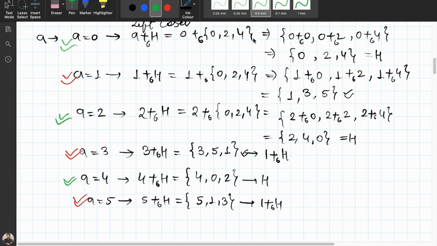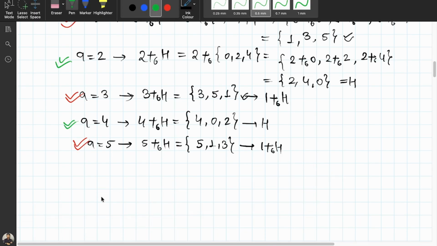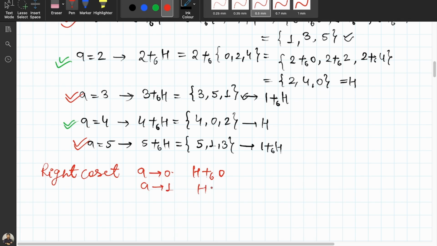And now, here I have calculated the left coset. What about the right coset? What do you mean by right coset? If A is equal to 0, then the right coset is H addition modulo 6 with 0. If A is equal to 1, H addition modulo 6 with 1. A is equal to 2, H addition modulo 6 with 2.